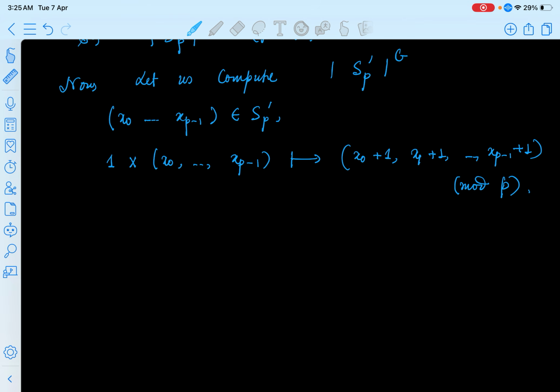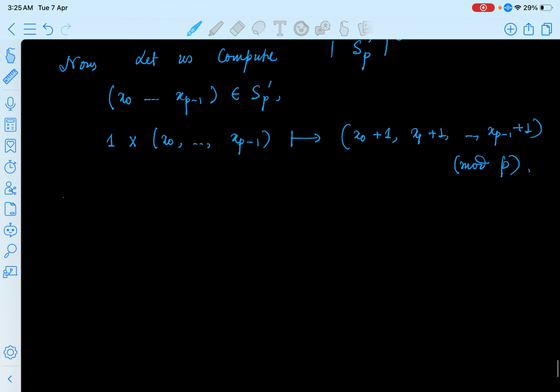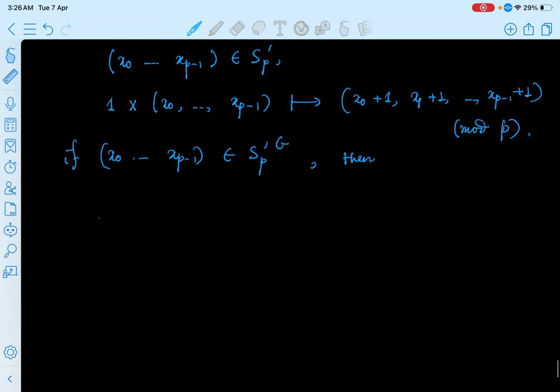Now if (x0, up to xp minus 1) is a fixed element, then it has to be equal to (x0 plus 1, x1 plus 1, up to xp minus 1 plus 1).